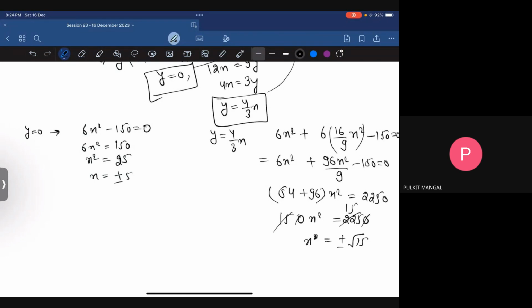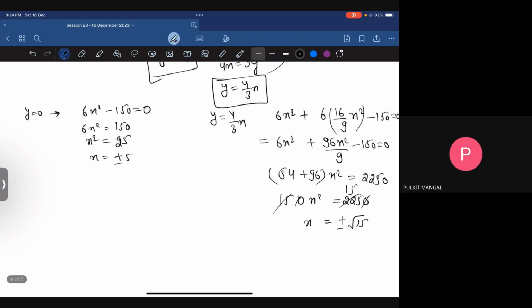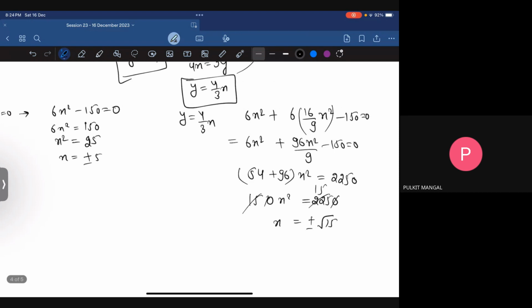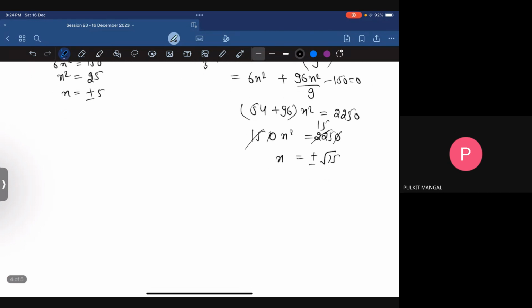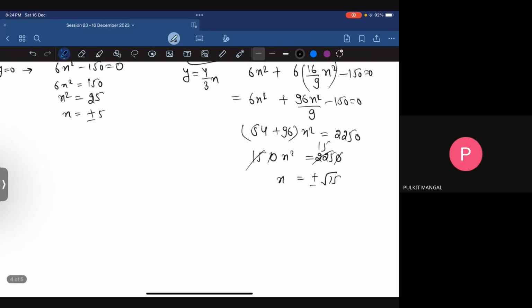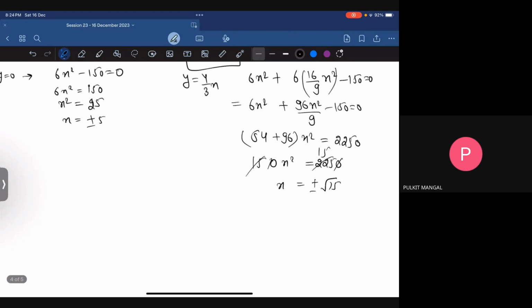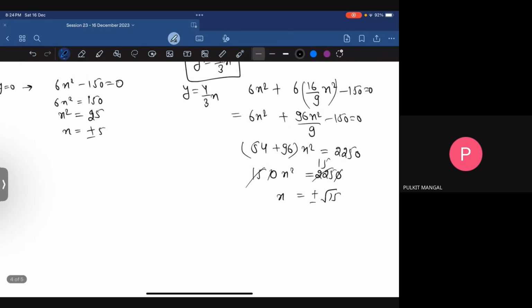Let me check this was correct. Wait, it should not be that.